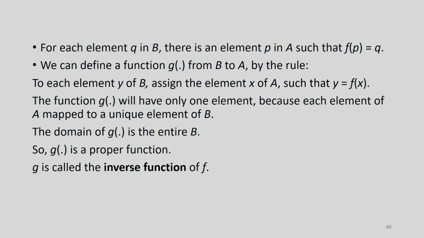So, you take any element q, and there will be one element p in A such that f(p) is equal to q. We can define a function g from B to A by the rule: for each element y of B, assign the element x of A such that y is equal to f(x).